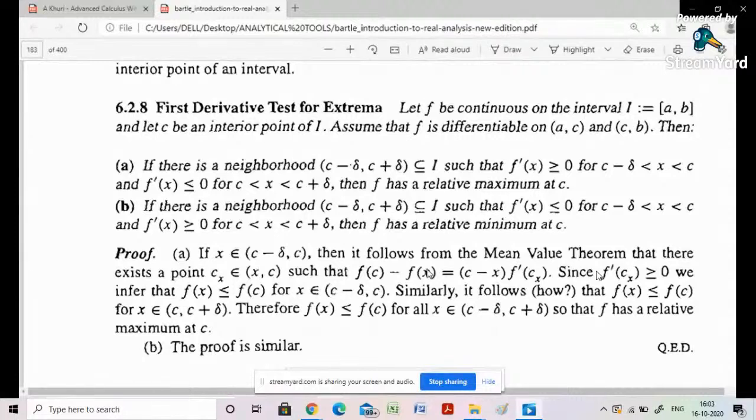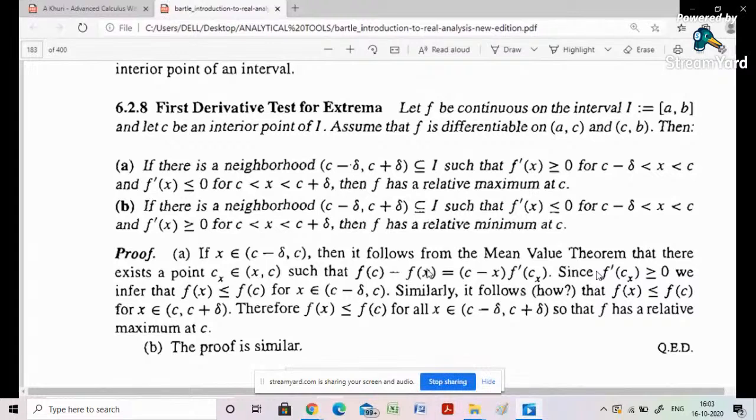First derivative test for extrema. Let us recall this result. Let I be a continuous interval I equal to [a, b], and let c be an interior point of I. Assume that f is differentiable. Then, what is the result?